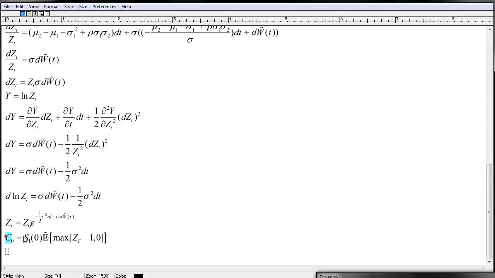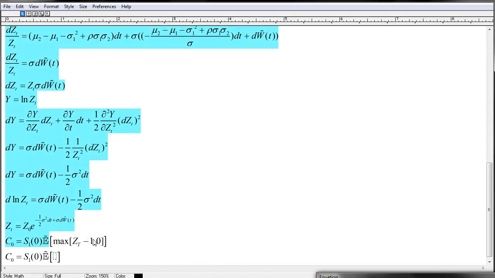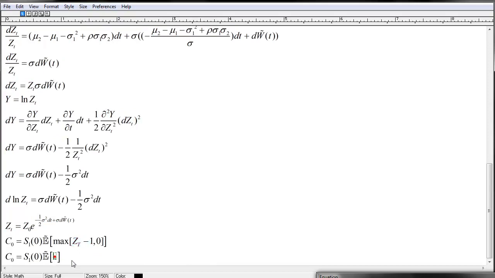I'll rewrite it using indicator functions. The expectation remains, but we can rewrite the maximum as this one times the indicator of z t greater than 1.